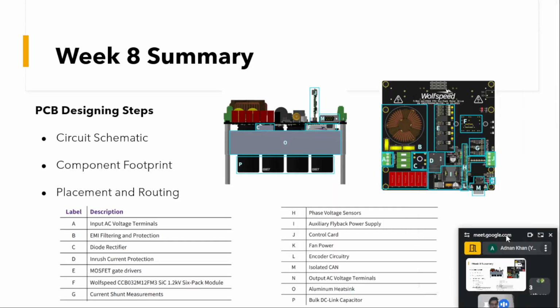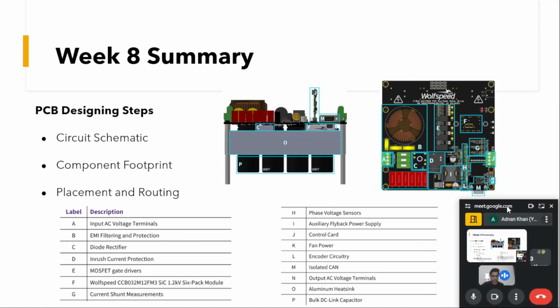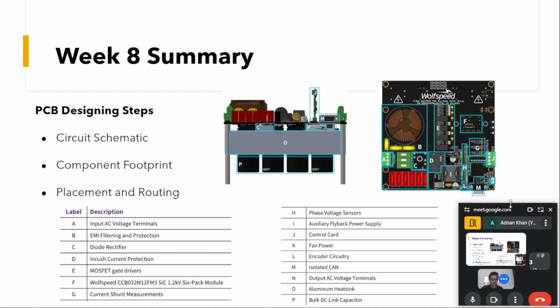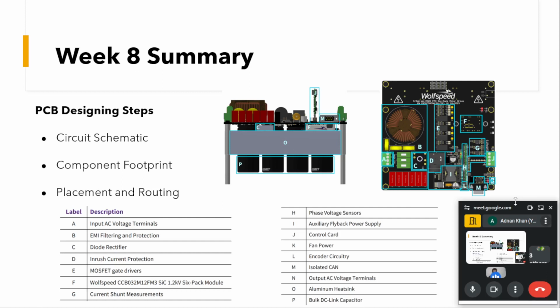And the other thing is the placement and routing. After these components are added on the PCB, what we have to do is properly place these components and route them. Routing means connecting the different terminals on the PCB itself with the copper.